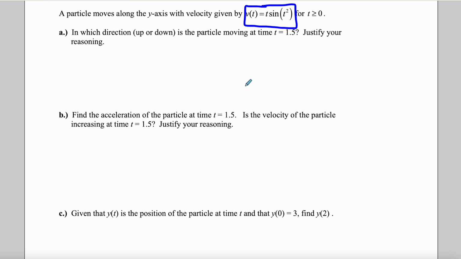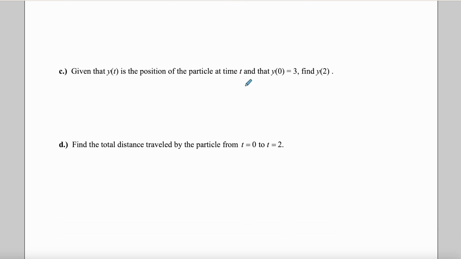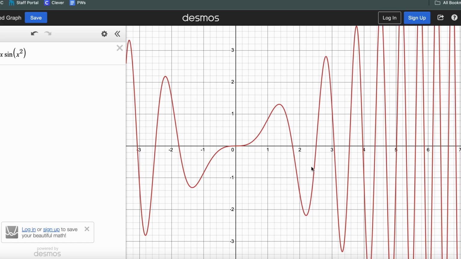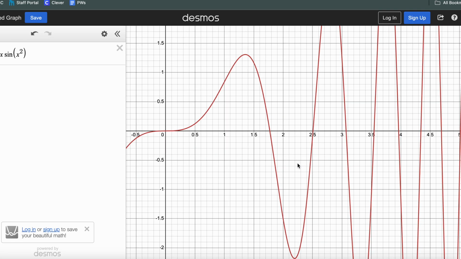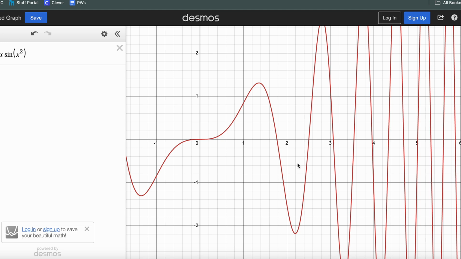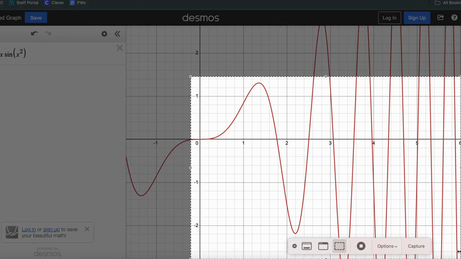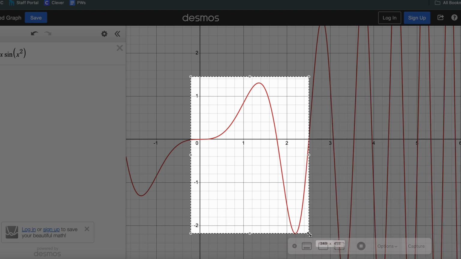But if you actually scan the question, it looks like t is staying left at 2. So I'm just going to go ahead and kind of put this picture right around here.